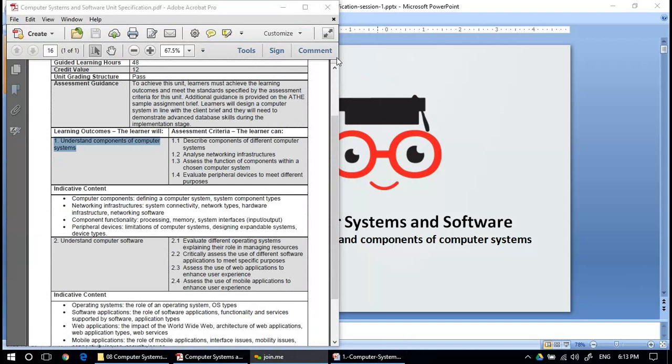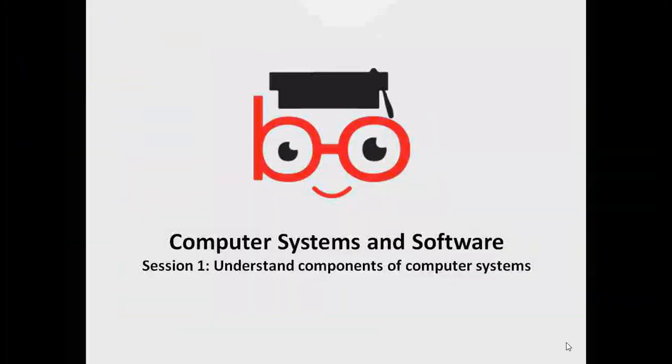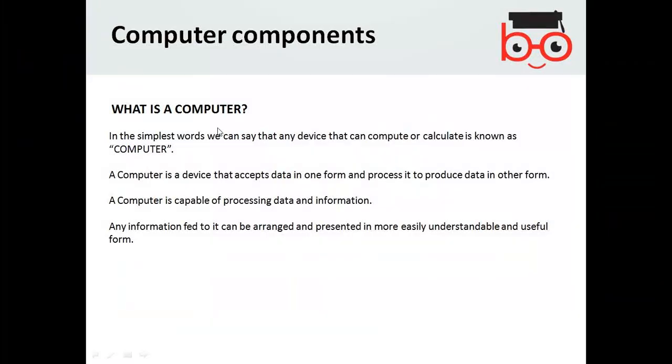Let us start with this presentation slide. Computer system and software. Understand the components of a computer system. What is a computer? In simple words, we can say that any device that can compute or calculate is known as a computer.